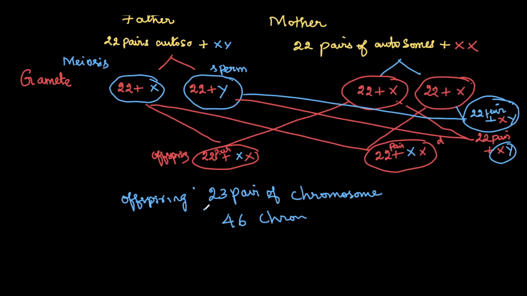So the stability of DNA copy is maintained. The offspring will get one DNA copy from mother and one from father, so both the copies are present. Each offspring gets the same number of chromosomes, 23 pairs or 46 chromosomes, so the continuity of the same number of chromosomes takes place here.